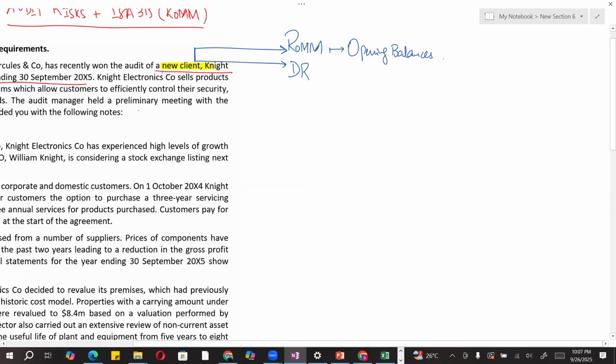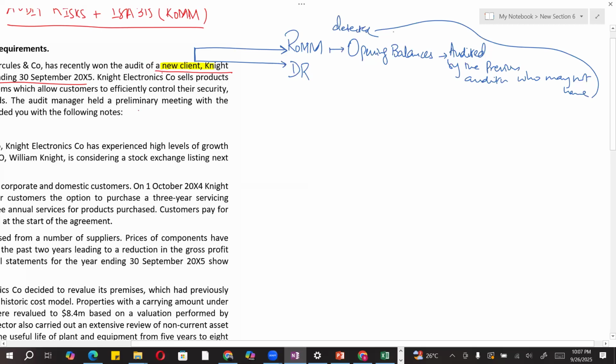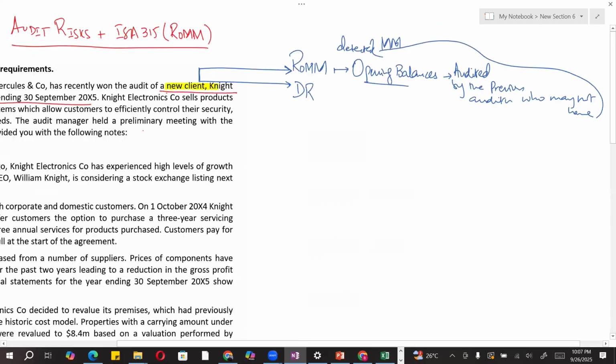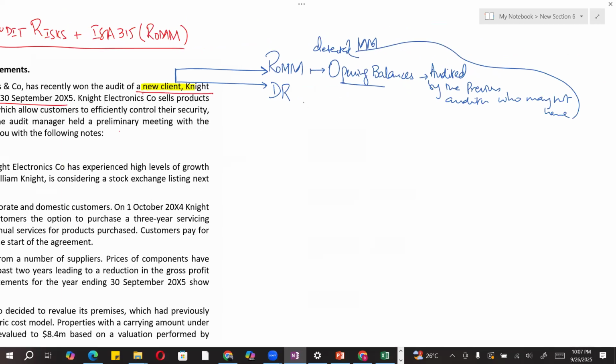Because opening balances were audited by the predecessor auditor, the previous auditor, and there's a risk that he may not have detected material misstatements in opening balances. So the brought forward opening balances could be materially misstated because the previous auditor, for example, could not detect them.